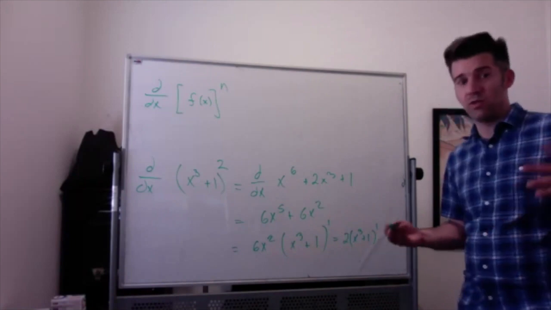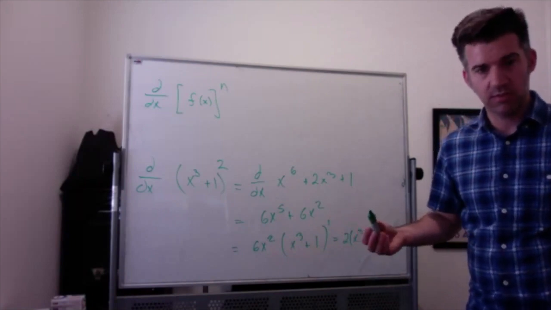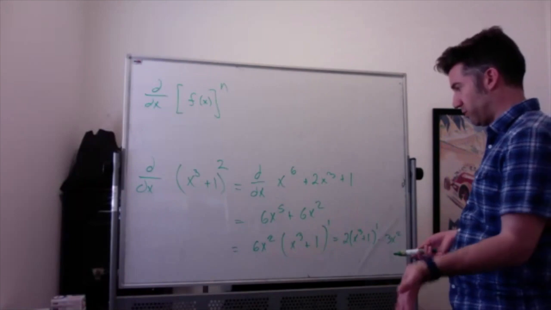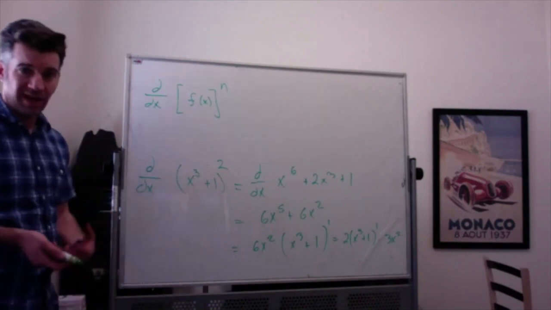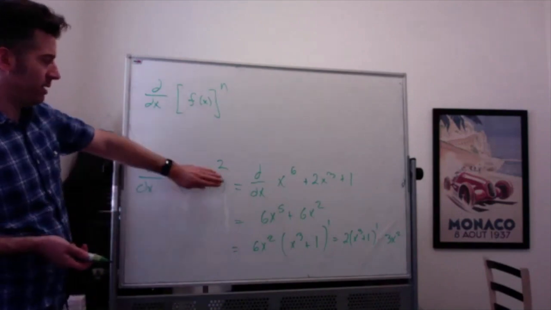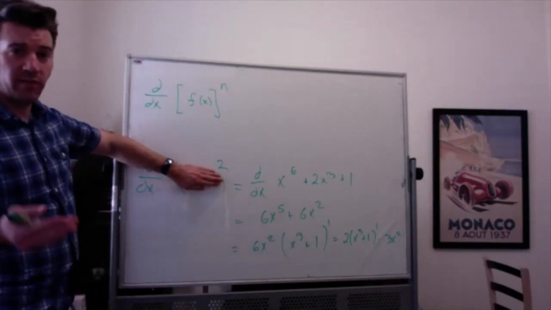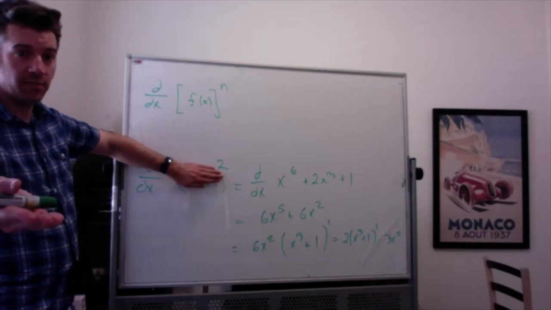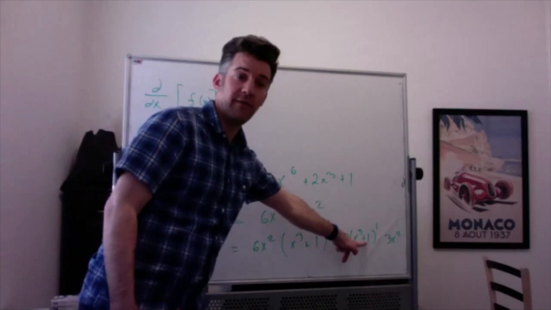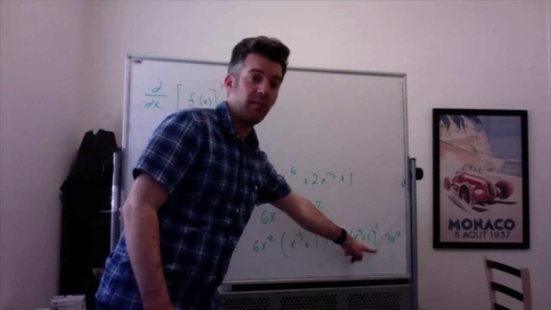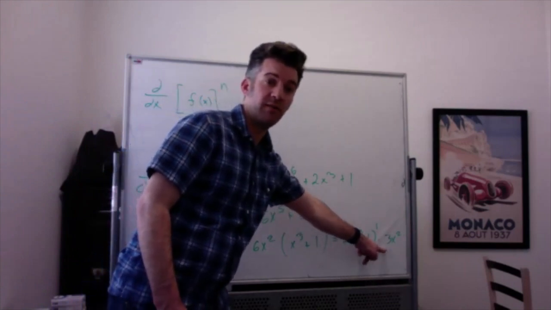And here's what I want to point out, which is hopefully not too surprising. If I take the derivative of some stuff squared, I'm really going to think about using the power rule on that stuff. The derivative of x squared is 2x. The derivative of some stuff squared is 2 times your stuff. But you have to multiply by the derivative of the stuff.